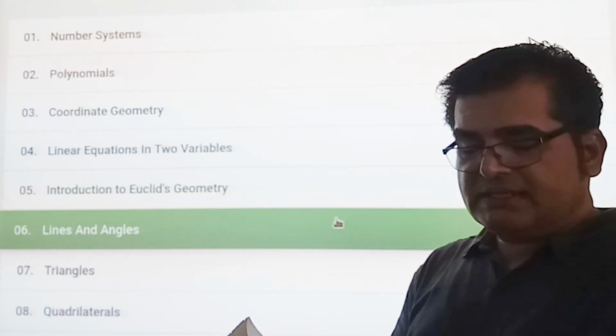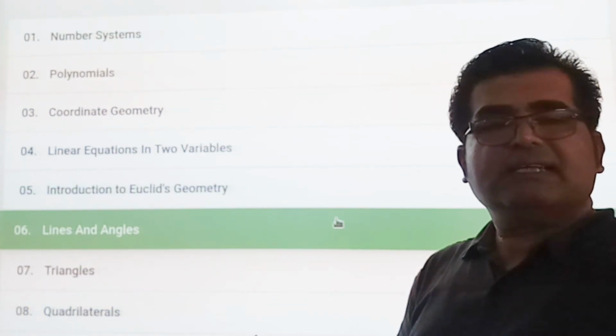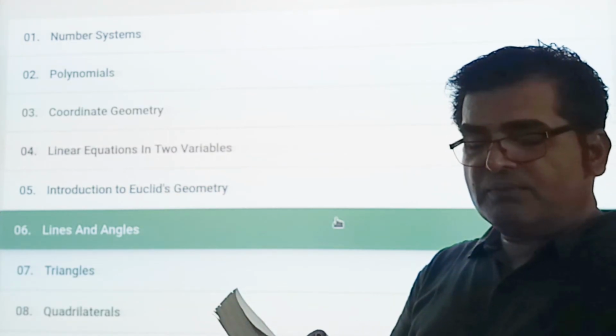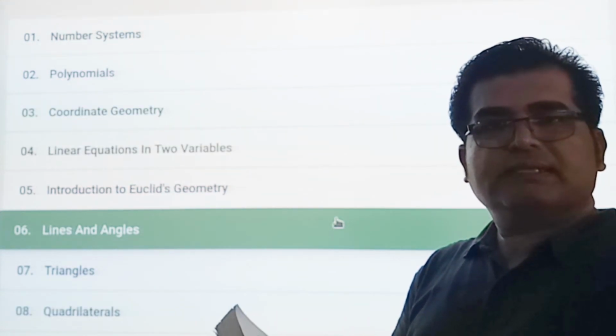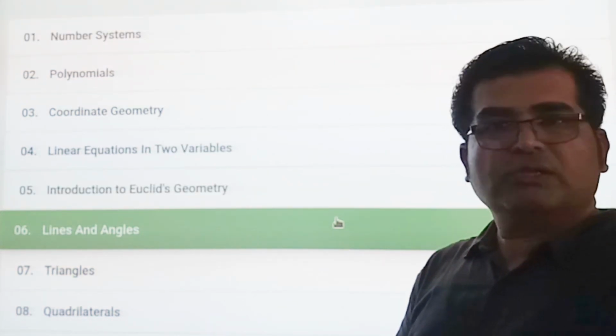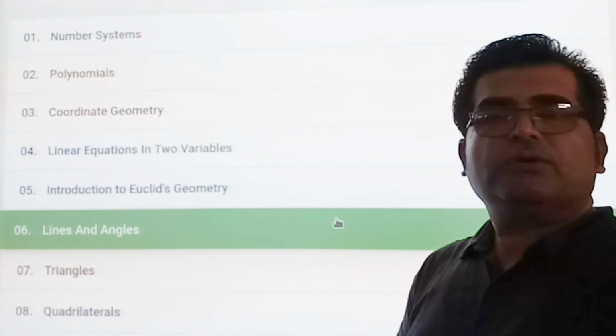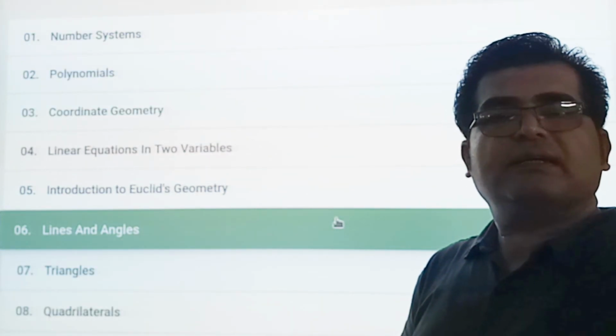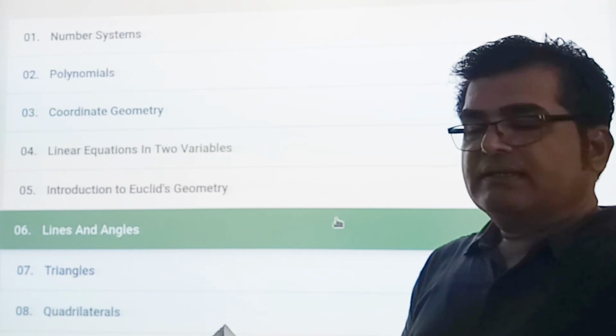Then chapter 13 is surface areas and volume. In surface area and volumes, you will study surface areas of cube, cuboid, cylinder, cone, sphere, hemisphere. Also volume of cube, cuboid, cylinder, sphere, hemisphere and cone.